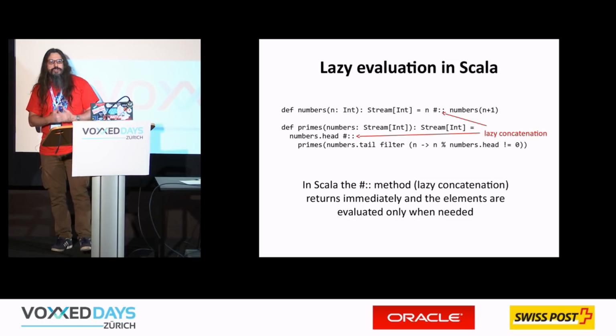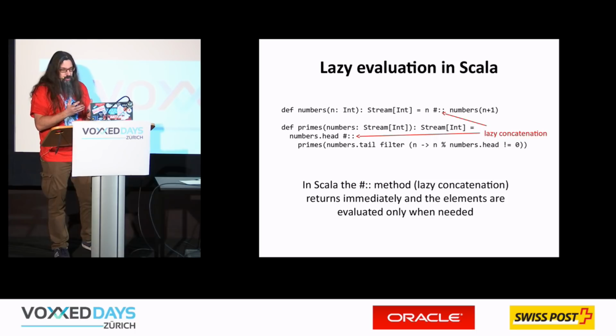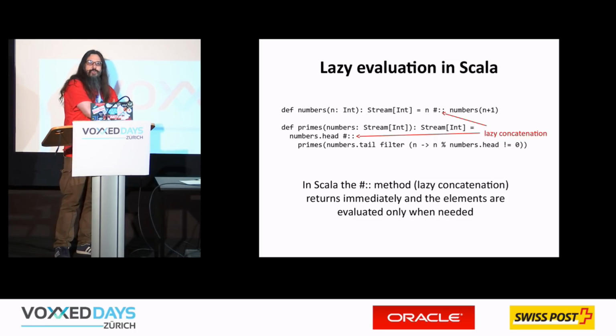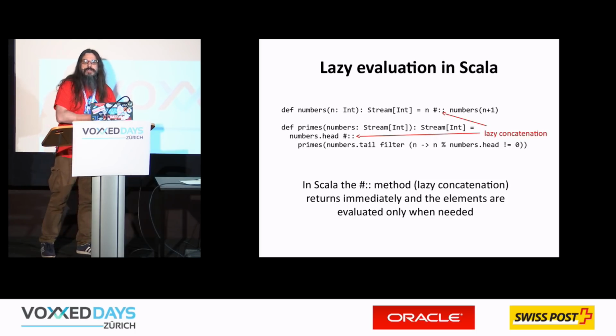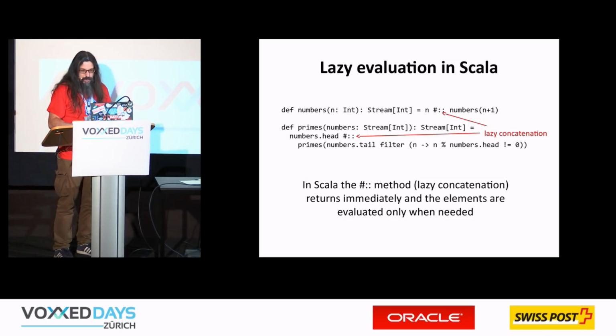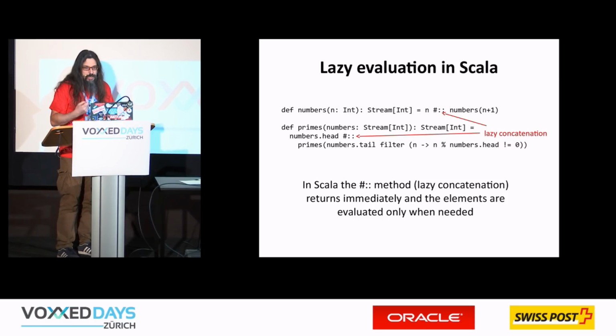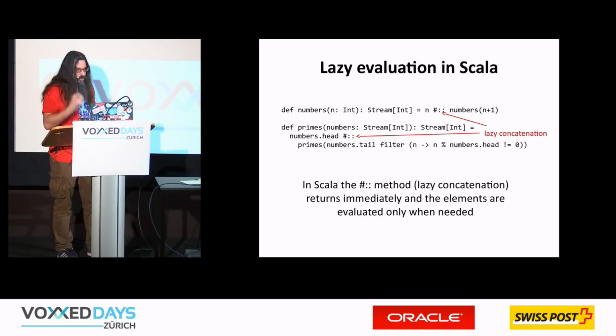It does a concatenation, but in a lazy way. So if you run this in Scala, it works. It's exactly the translation of what I did before in Java. In Java, you can't do that. In Scala, you can, because Scala is a more functional language, so it has this concept of laziness embedded in the language.